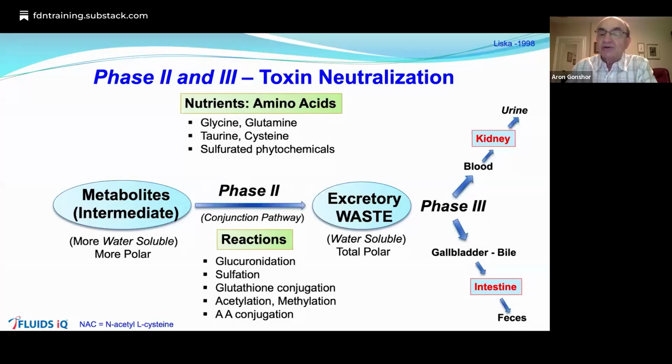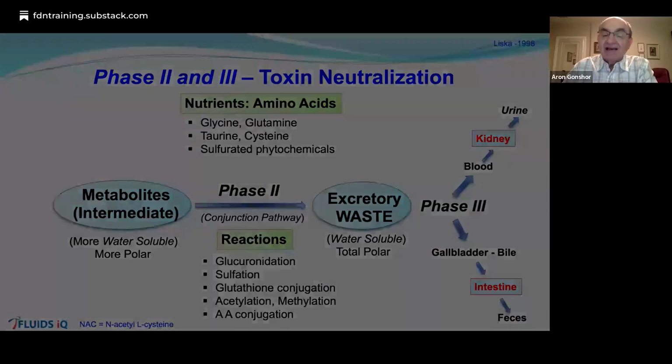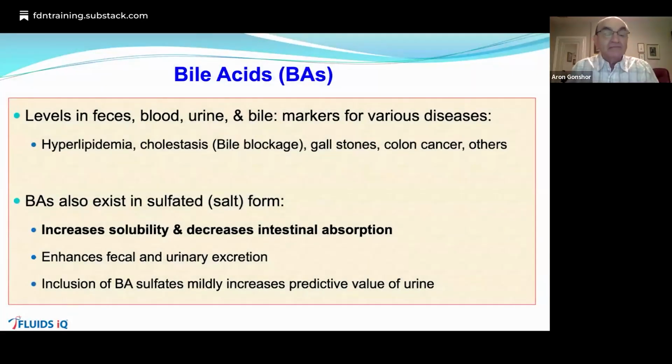That's what the liver wants to do. And phase 3, of course, is the decision on which way to go. Do you go into blood and through the kidney to urine, or does it go into the gallbladder with the bile into the intestine and then come out finally as feces? Whatever. So bile acids is what is helping with all of that.